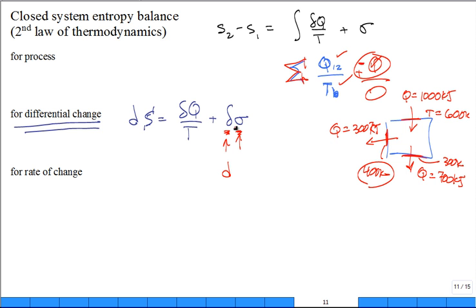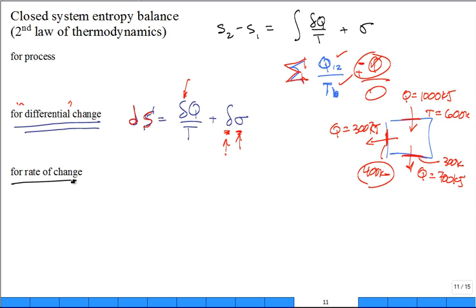Put a delta there, okay? Just like you put the delta on Q. Q is not a property, so when we have a small transfer, we put delta Q. Entropy generation is not a property. When we have a small amount of entropy production, we put a delta sigma. And then this is a d because S is a property. But that's our second law written in differential form.